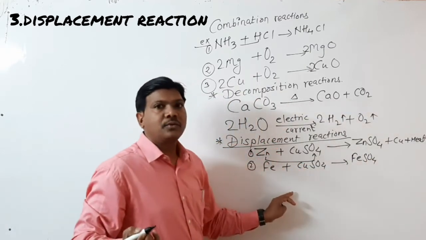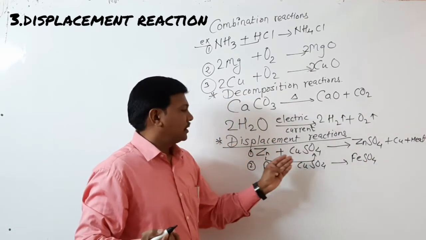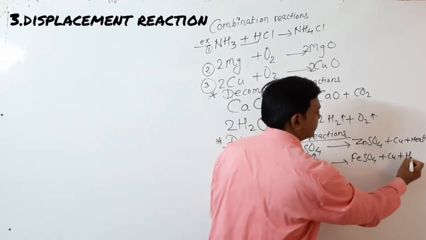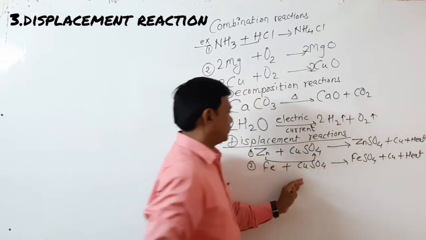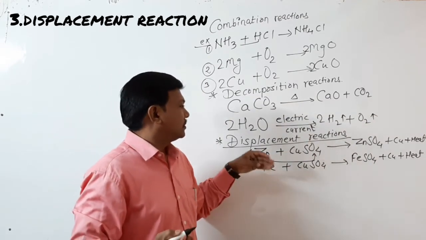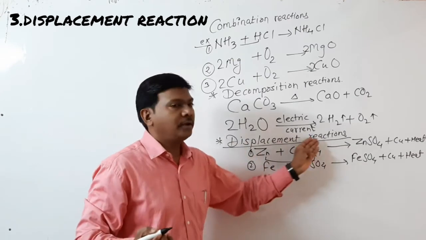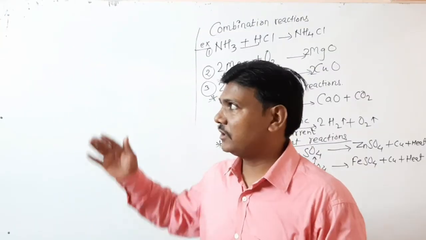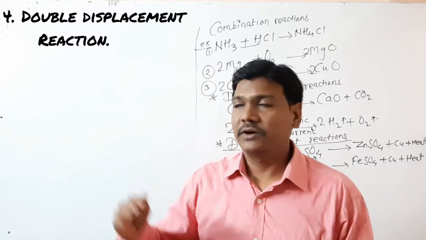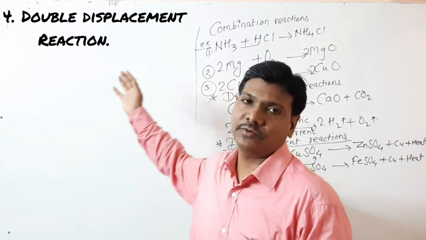FeSO4, that is ferrous sulfate, then copper plus heat. So this type of reaction is called displacement reaction. Students, see fourth type, that is double displacement reaction.